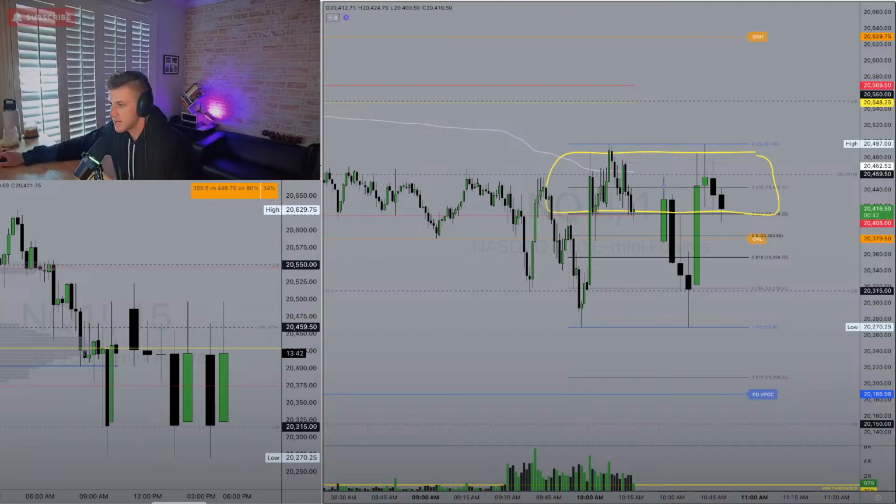There's 400, coming back into that overnight low. Your 50% fib is right there as well.